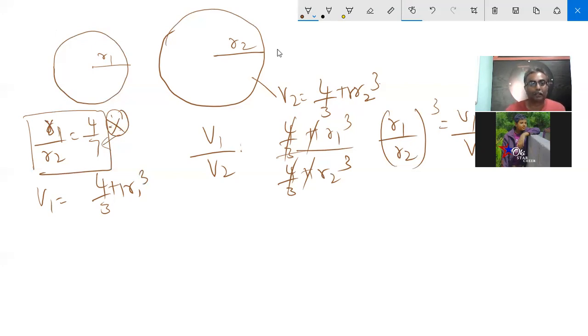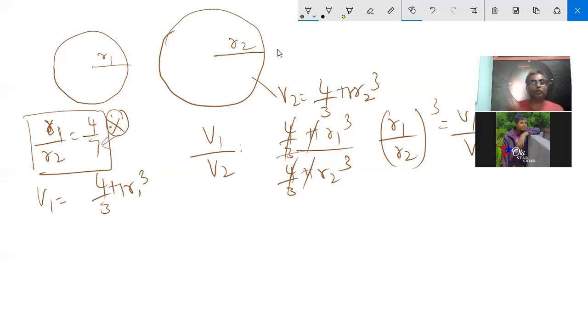So I got confused with the cubes, sir. How much is R1 by R2? 4 by 7, sir. I'm asking how much is R1 by R2.